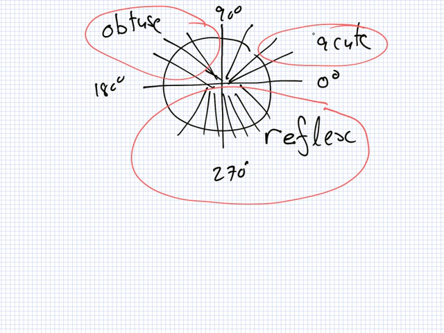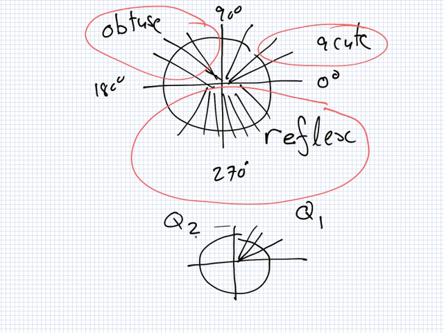Okay, next. So in this circle, the other thing which you may already know from high school, just to give you more vocabulary, this is called quadrant 1, quadrant 2, quadrant 3, quadrant 4. In quadrant 1, sine, cos and tan are all always positive. So sine of an acute, cos of an acute, tan of an acute is always positive.